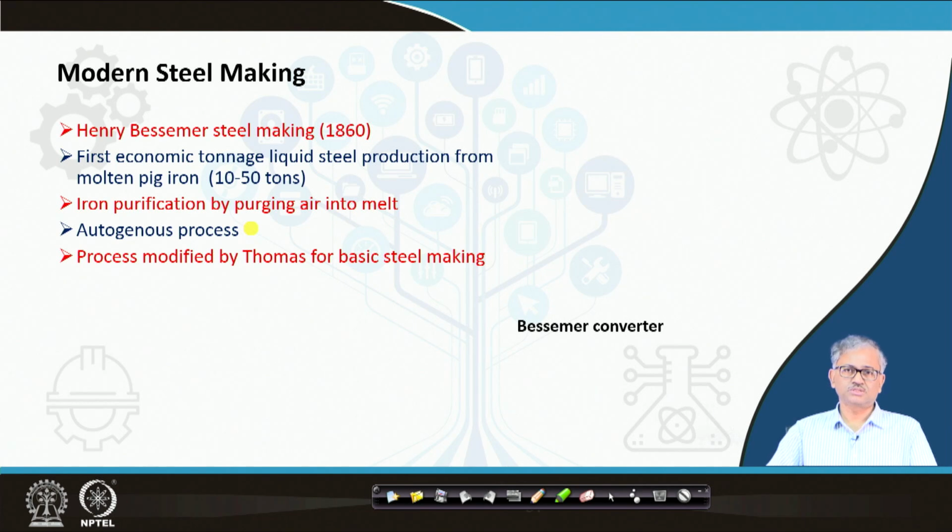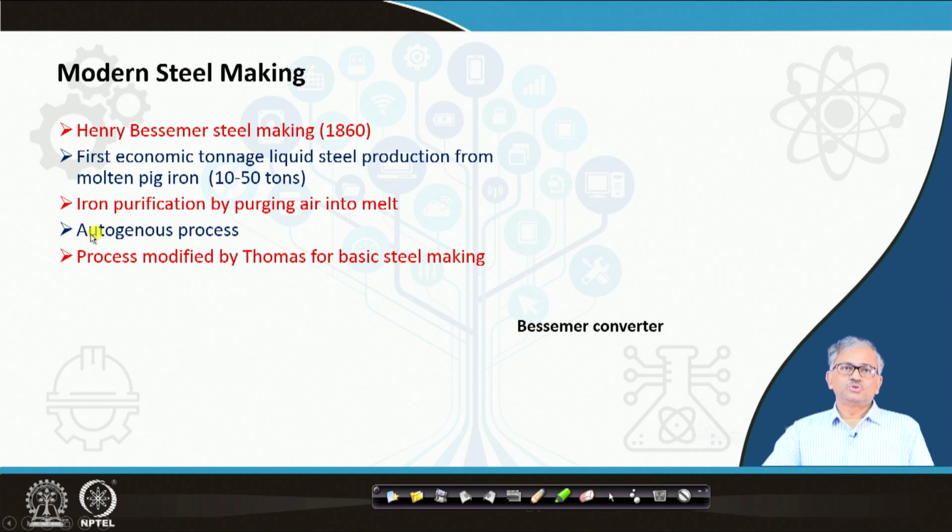No external heat supply was required, but it was just sufficient to purify the hot metal. So you cannot use any extra cold material, that is scrap, to melt into the base iron, because the heat was just sufficient to convert liquid iron to steel.